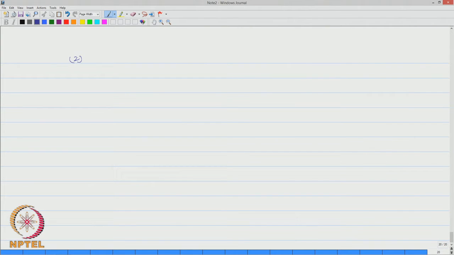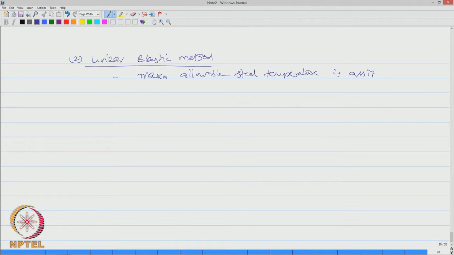The second method is the linear elastic method. In this method, the maximum allowable steel temperature is assigned based on the stress level of the member prior to fire.